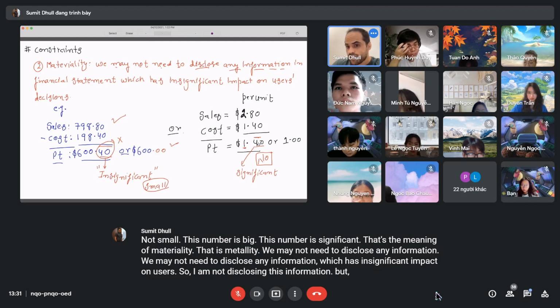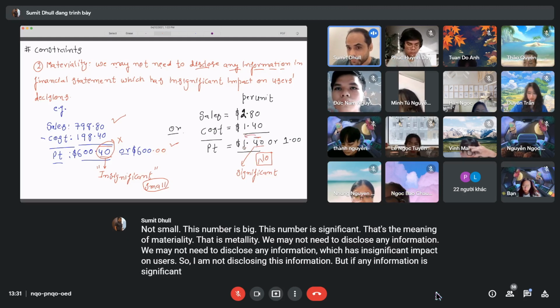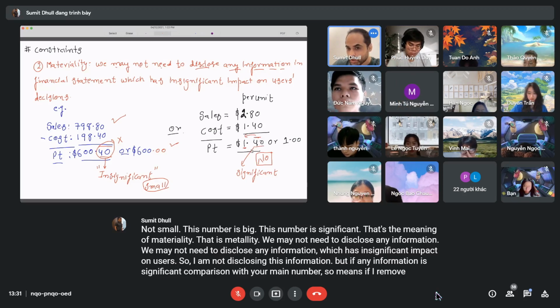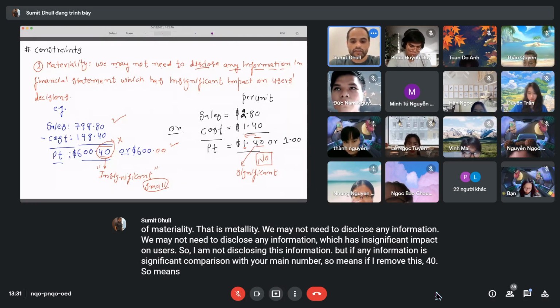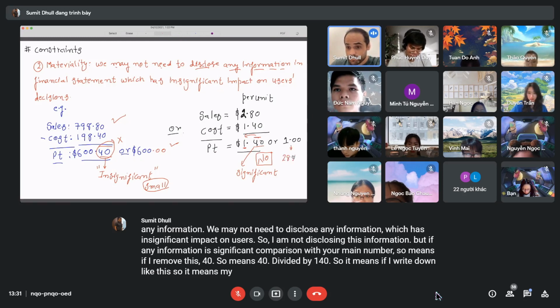But if any information is significant in comparison with your main number, so means if I remove this 40, 40 divided by 140, so it means if I write down like this, my profit is reduced by 28%, right?